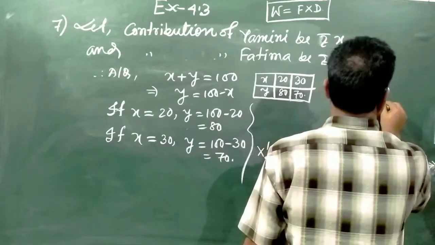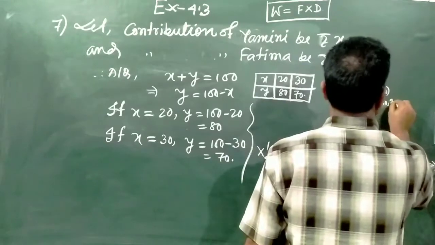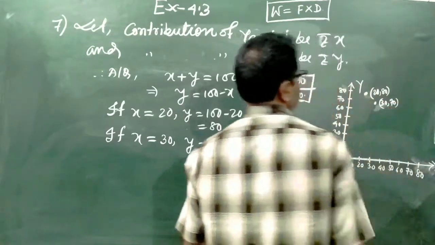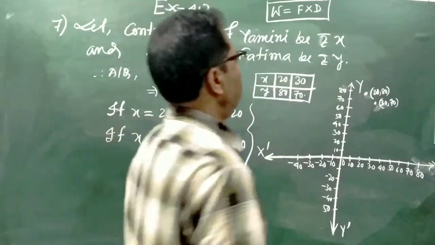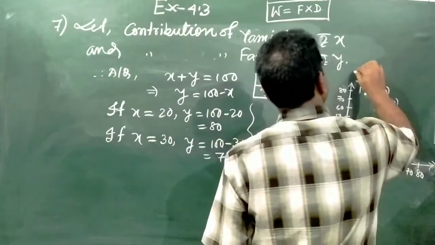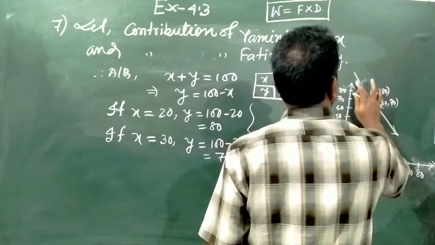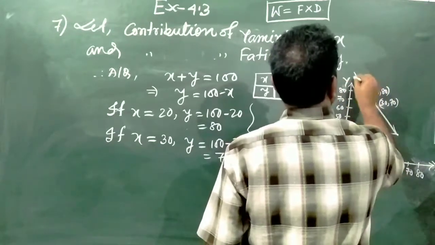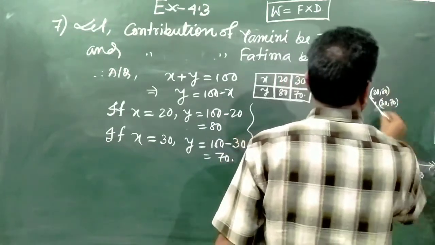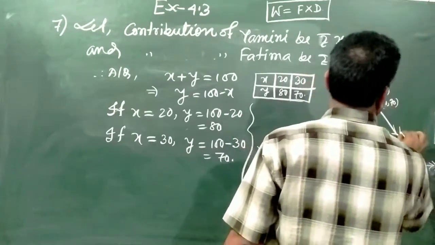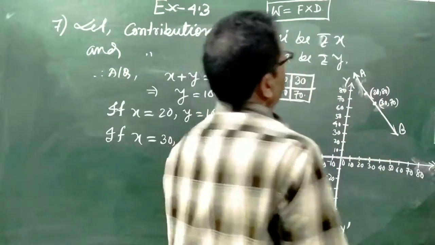This is 30, 70. Now these 2 points join and extend. Name that straight line as AB.